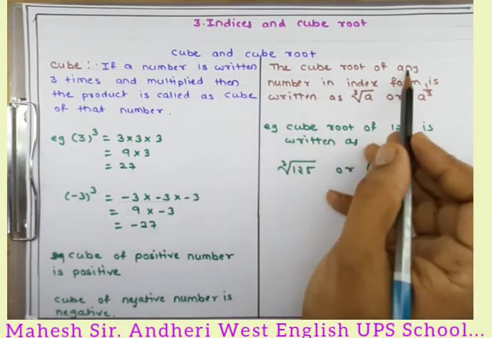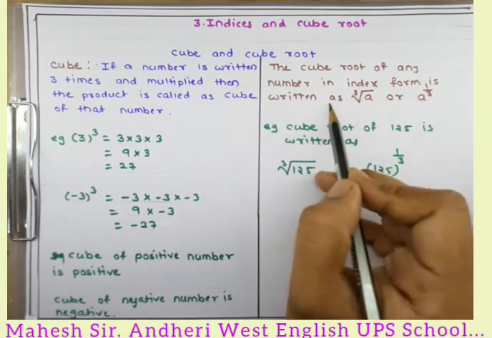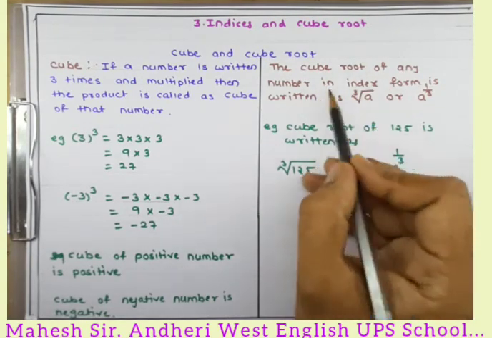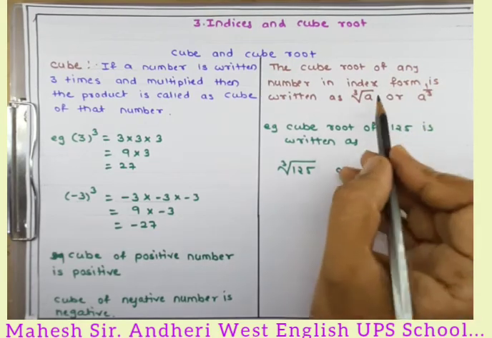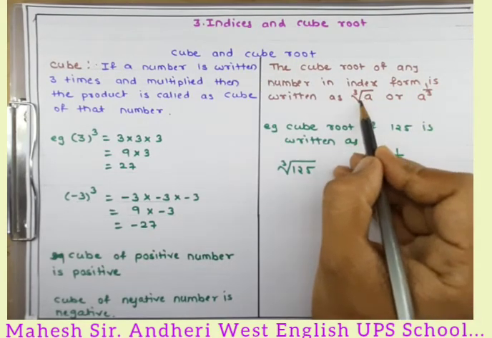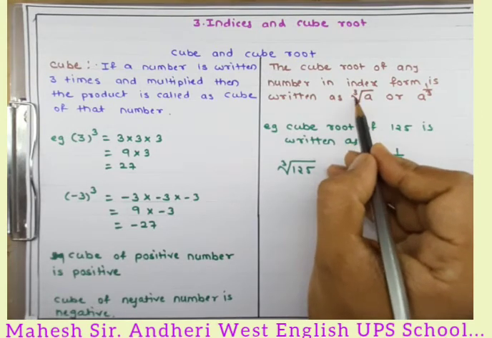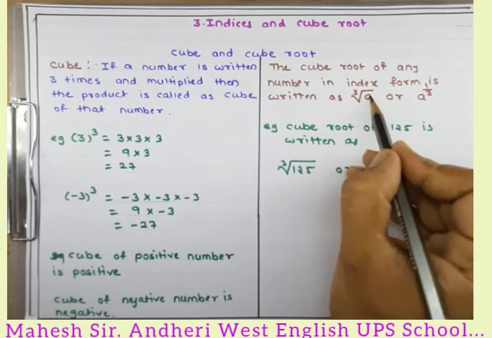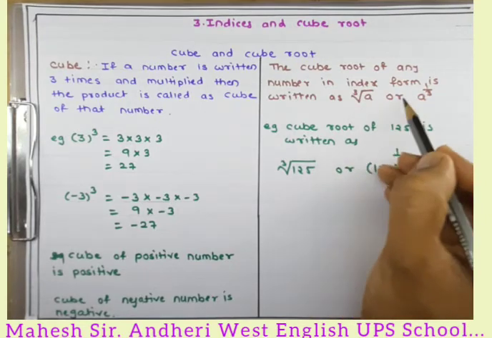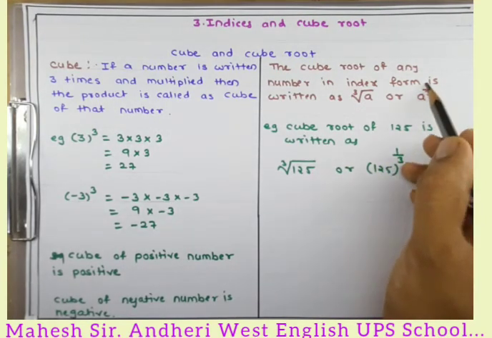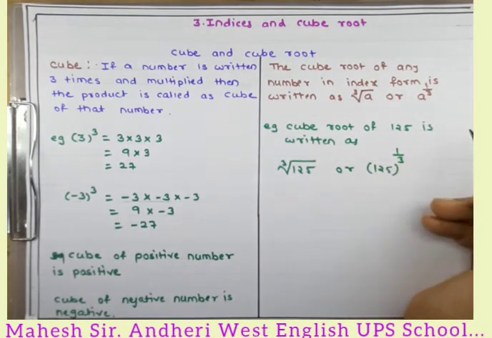The cube root of any number in index form is written as, suppose we have to write the cube root. So how can we write it? We write the sign of root, and in the root we write 3, and the number, a, or a raised to 1 upon 3.